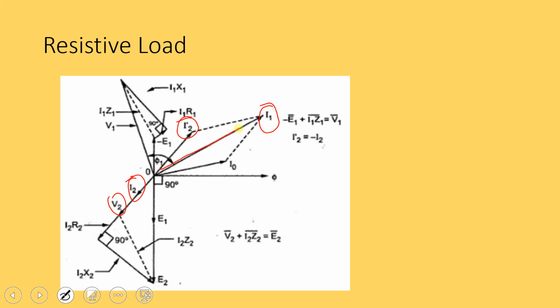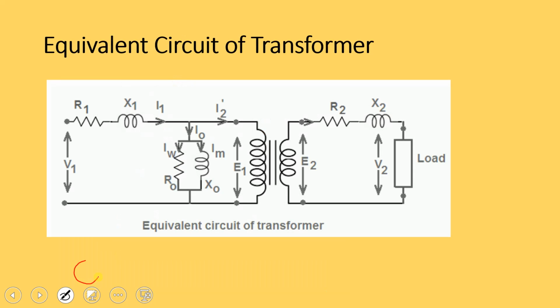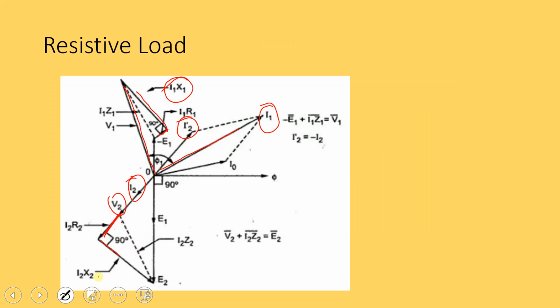Parallel to this we draw this I1 R1, and 90 degrees to this we draw I1 X1. We join this line, this is our V1, and on the secondary side parallel, this is our I2 R2, 90 degrees to this I2 X2, sorry, I2 X2, and we join this and we will get I2 Z2.